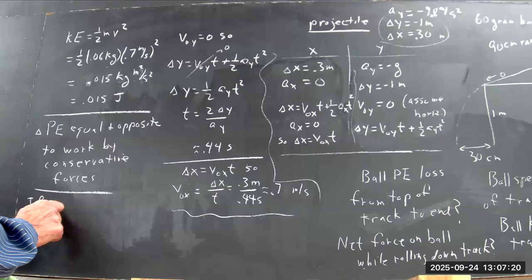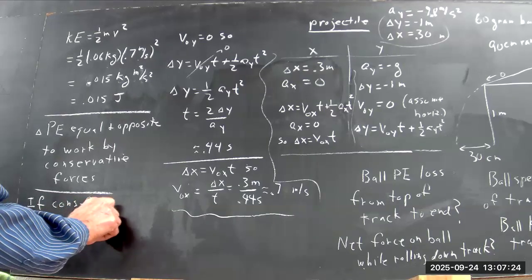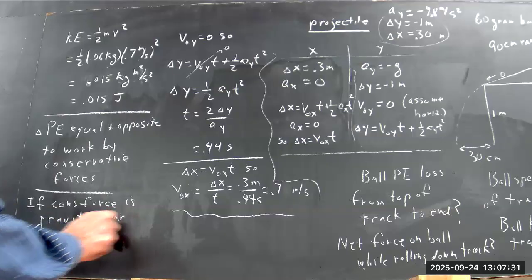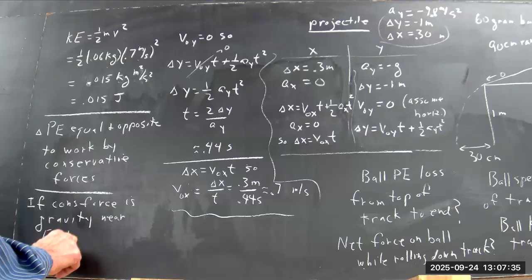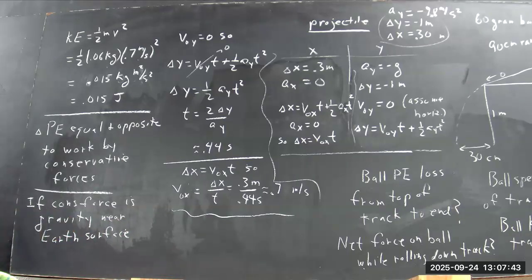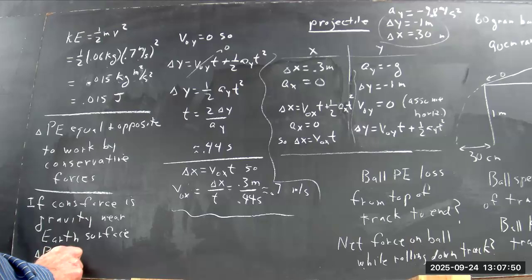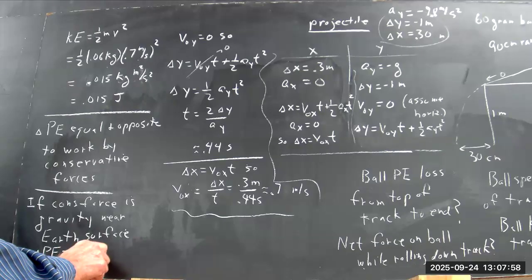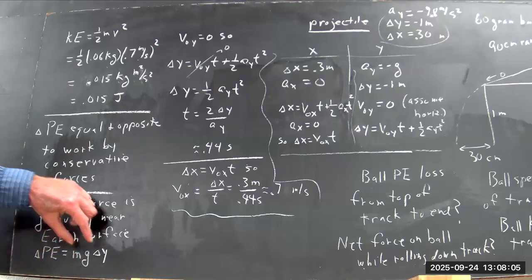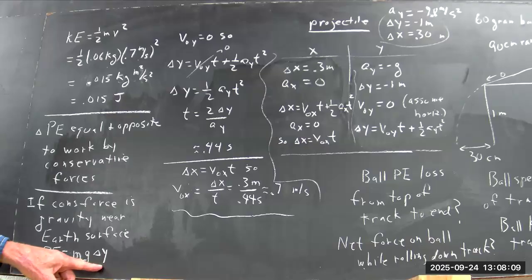But if the conservative force is gravity near the surface of the Earth, I'm going to say change of potential energy is mg, which is the force of gravity, times delta y, which is the displacement in the direction of gravity.